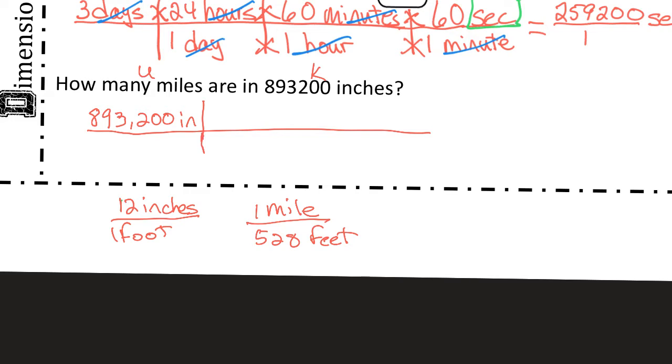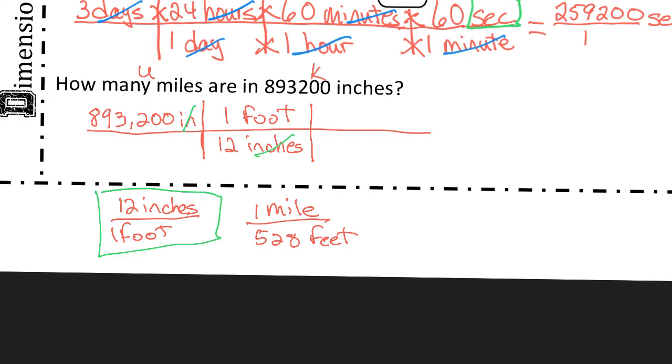So we've got inches on the top, so I'm going to need to have inches on the bottom. I can go to this conversion factor right here and just flip it so that I now have inches on the bottom. So there are 12 inches in 1 foot. My units are canceling out, and I'm ready to go on to the next conversion factor.